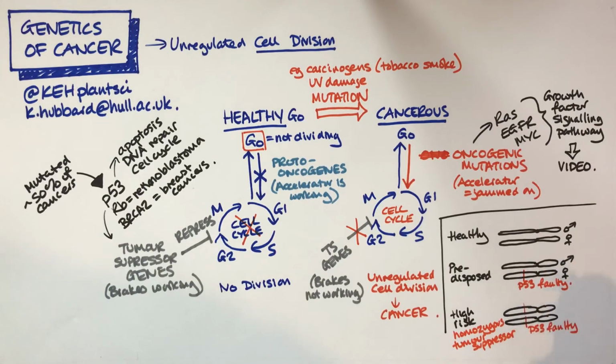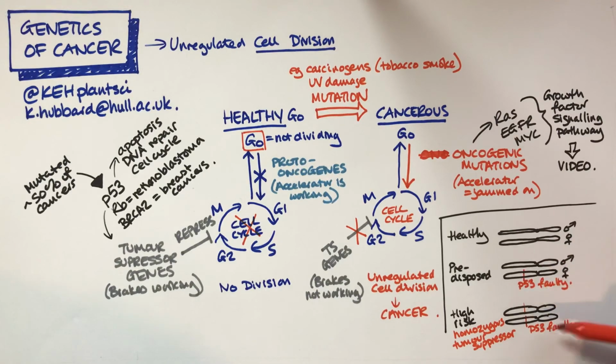Particularly with BRCA2, which is associated with breast cancers and a lot of female cancers, it's looking at whether you already have one mutated copy of BRCA2. That runs in families. If you've already got one copy of BRCA2, you've got a higher risk of developing cancer. Patients are increasingly using those genetic tests to make decisions for themselves about preventative treatment. It might even be as extreme as a preventative mastectomy, because we've managed to look at the genome and find out what your genetic predisposition to cancer would be.